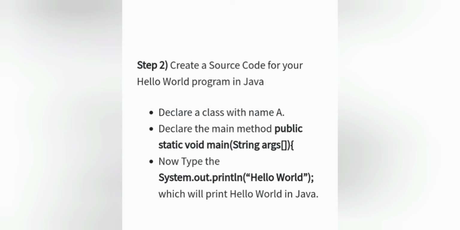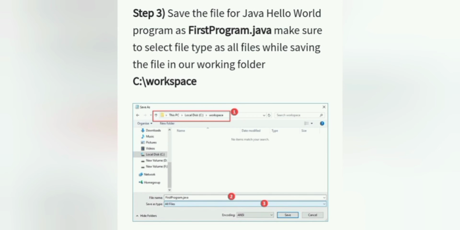Now type System.out.print and Hello World, which will print Hello World. Step number 3. Save the file for the Java Hello World program as first program. Make sure to select file type as All Files while saving the file in your work folder.